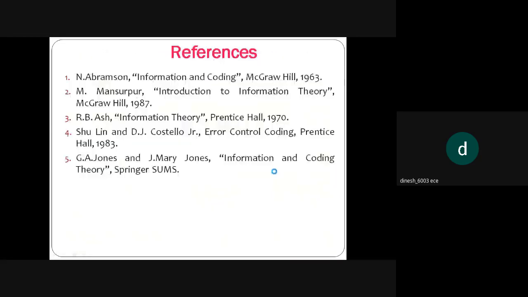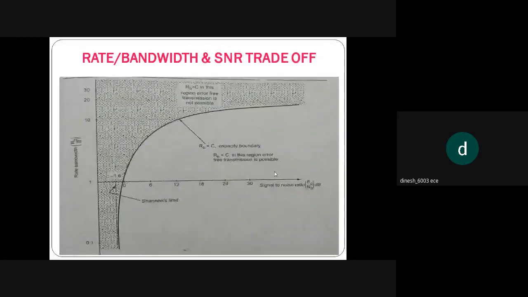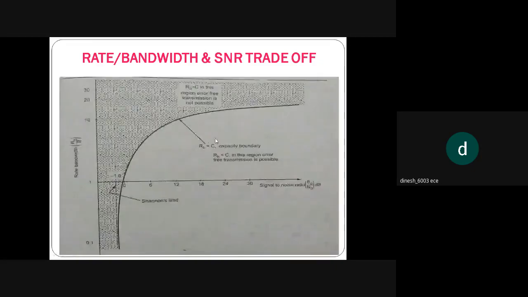So you can write the equation: capacity of infinite channel capacity 1.44 Eb divided by N0, or Eb/N0 is equal to 1/1.44, which you can find easily as 0.693.